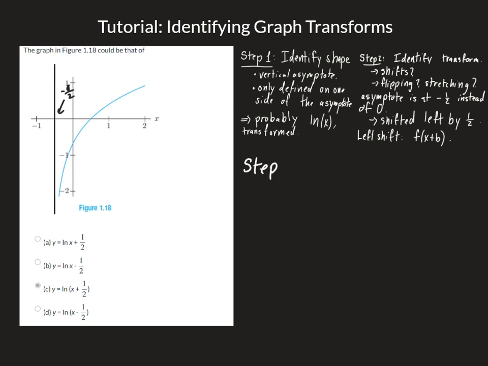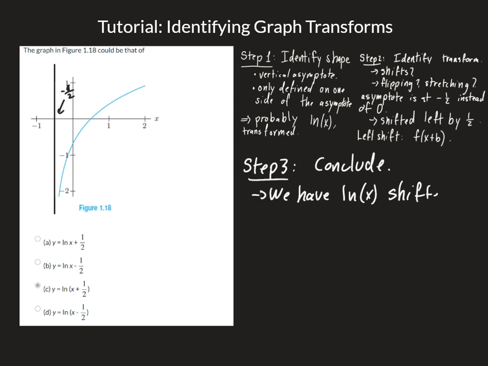So step 3 now is just to assemble all these pieces of information. We have ln of x, but it's been shifted left by 1/2.